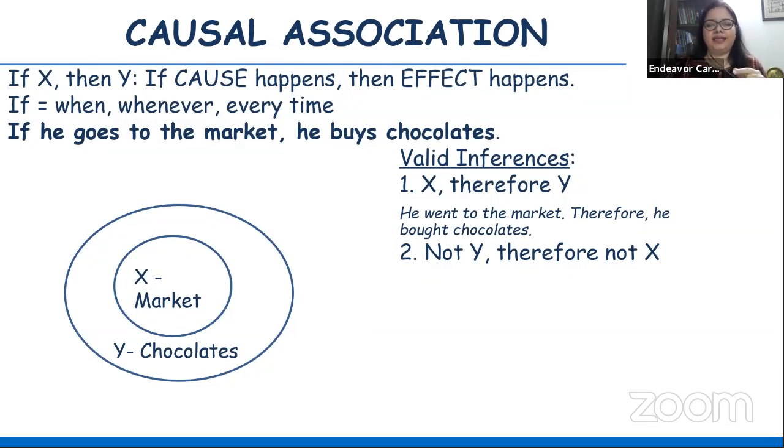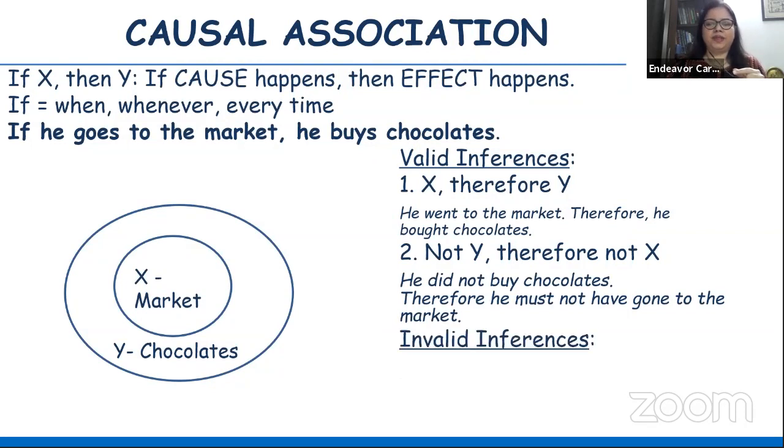But what is invalid here? Y, therefore X. What is Y, therefore X? The consequence happened, therefore the cause happened. Why, what's wrong? Why can't I say the consequence happened, therefore the cause happened? I bought chocolates, so I must have gone to the market.